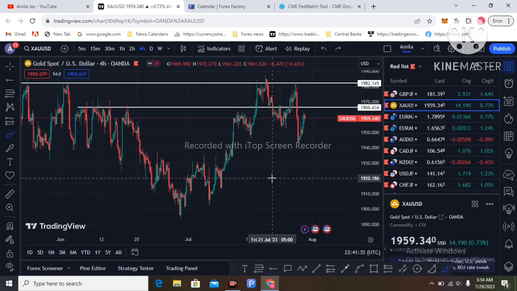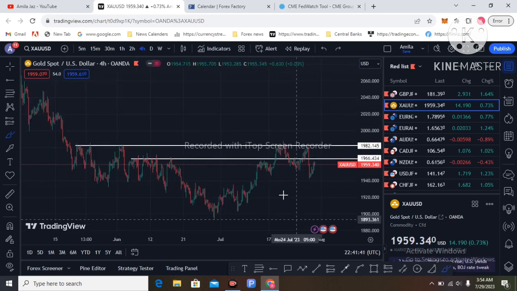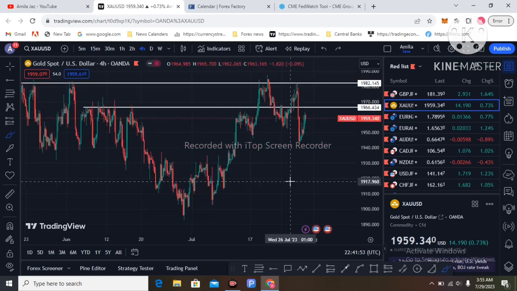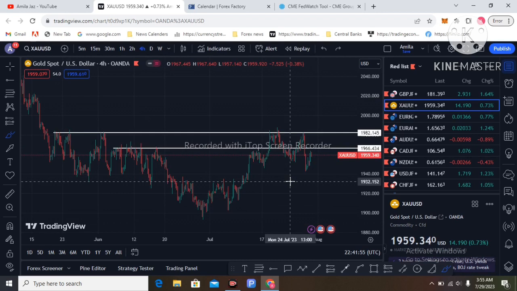Next, let's move to the next week's analysis for your gold trading. I am on the 4-hour chart. Technically, I am seeing two levels. You can see the two white lines. The first line is the 1966 level. These two levels are strong resistance levels in the technical analysis, and the upper line is the 1982 level.